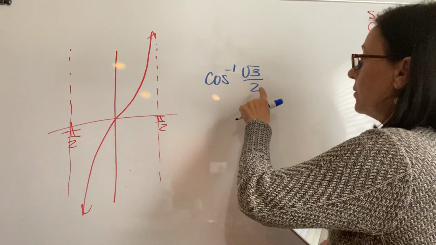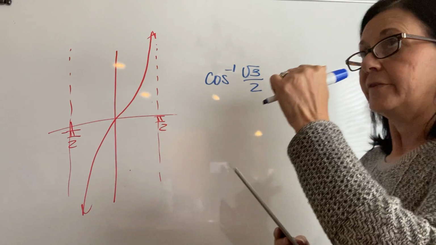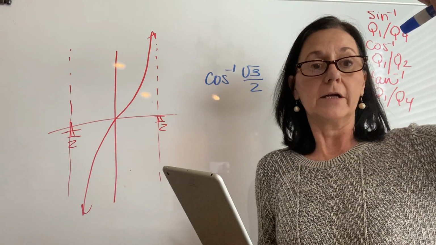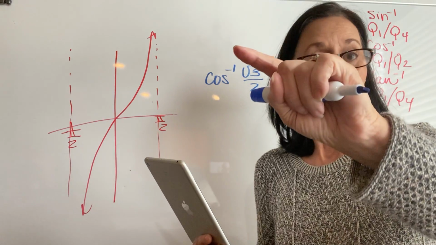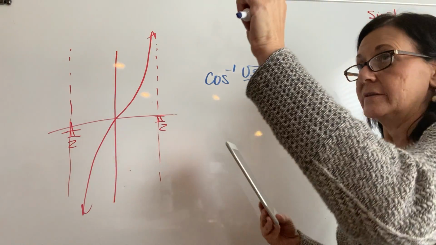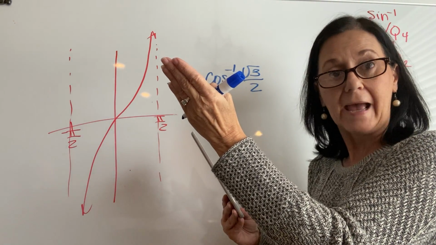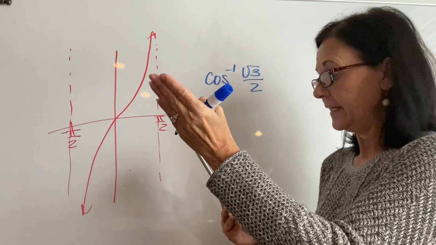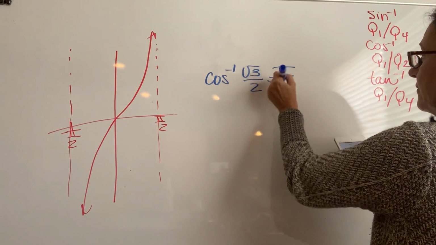This has got to be in quadrant 1 because it is positive. And remember, the cosine starts at 1 and counts down. So it's 1, square root of 3 over 2, square root of 2 over 2, 1/2, 0. All right? So that square root of 3 over 2 is at the first radian past the 0, and that is pi over 6. So that would equal pi over 6.